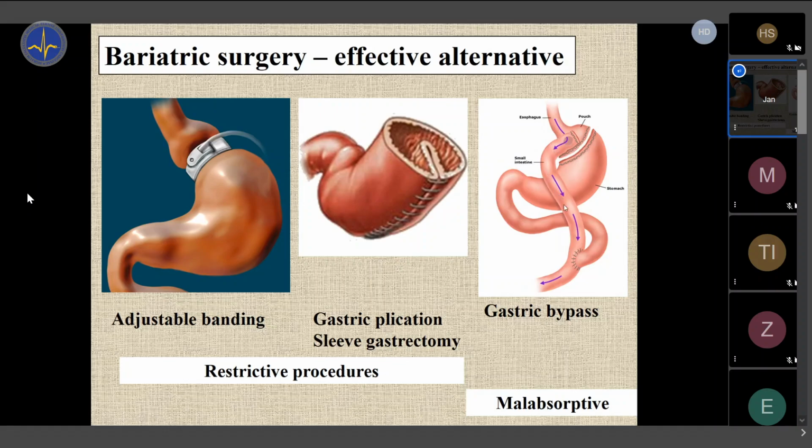So the food is not digested and meets, at quite a distant part, the pancreatic and bile juices, and there is only a limited amount of gut, terminal ileum, which serves as a space for digestion and absorption.